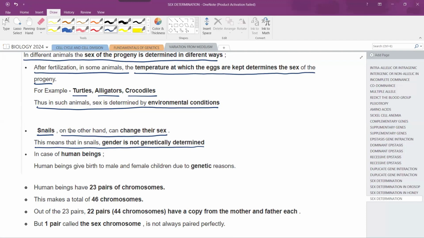If somehow in the colony all the females get vanished or die, then one of the males in that colony converts its sex from male into female. Then they reproduce and restore the sex ratio. Human beings give birth to a male or female child due to genetic reasons only.